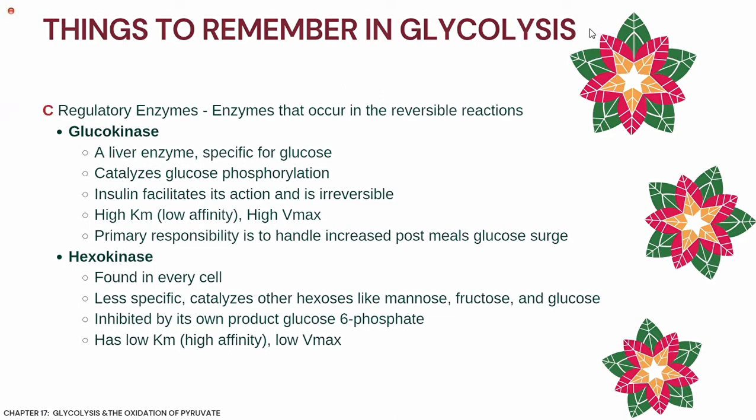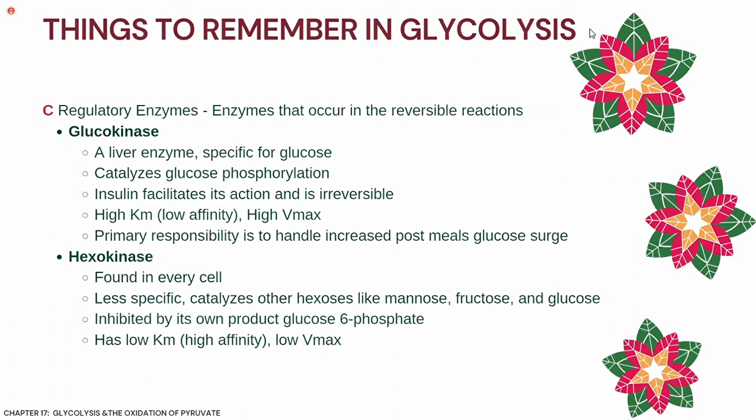Now, hexokinase is found in every cell except the liver cell. It is less specific because it can act on mannose, fructose, of course glucose, and galactose.